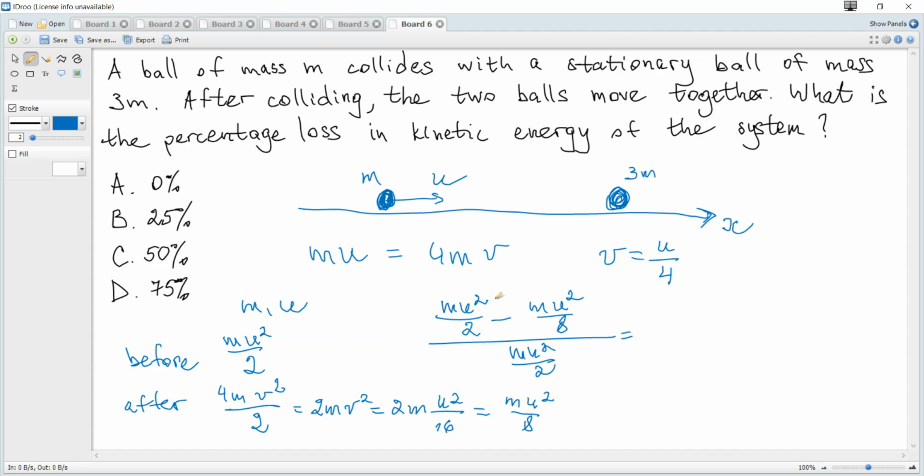You can see that mu squared cancels, and we can multiply each term in the numerator and denominator by 2 to get 1 minus 1 over 4, divided by 1. So it's 3 over 4, and if we multiply by 100% to get a percent, it's 75%. So it's D. And that's all for this question.